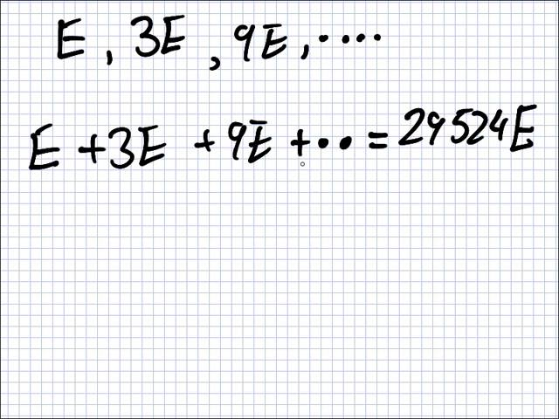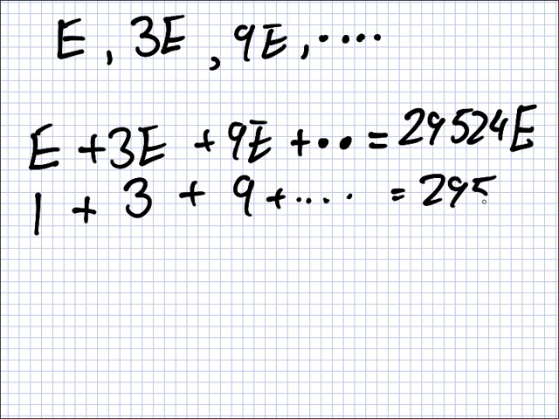Divide by E. Right? You're just pretending you don't know, right? 1 plus 3 plus 9, etc., equals 29524.